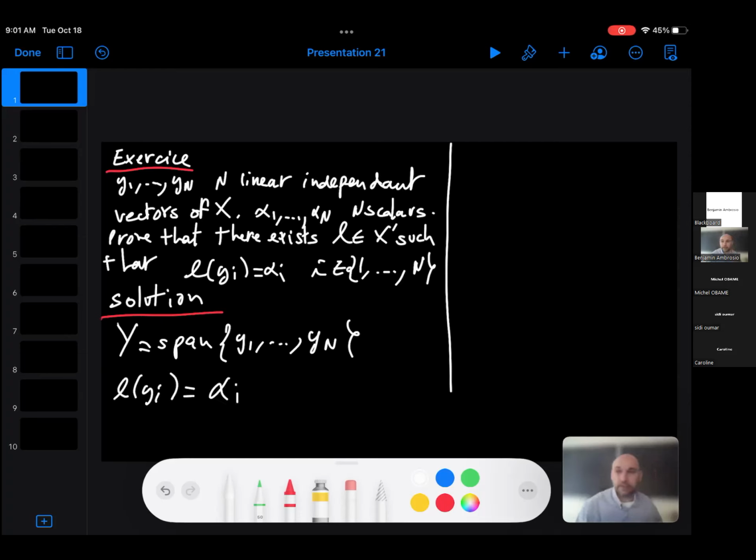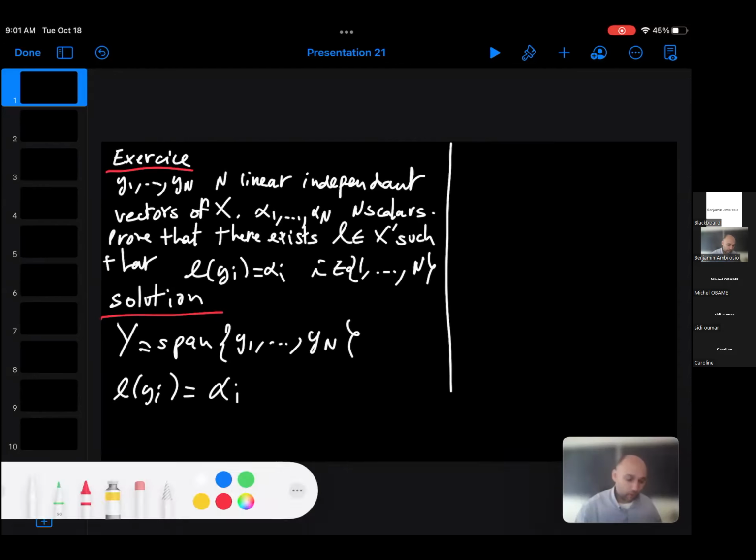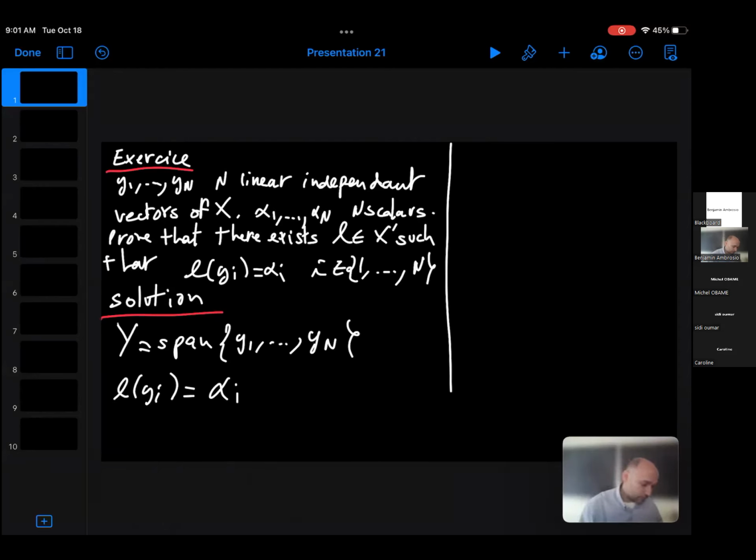Since L also needs to be linear, this defines L on all of Y. Let y belong to capital Y, with y equals the sum from i equals 1 to n of, for example, beta i yi.